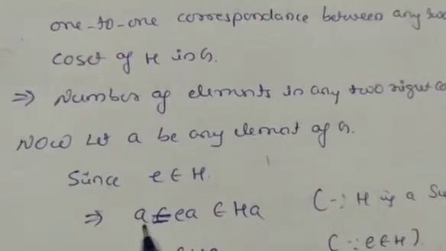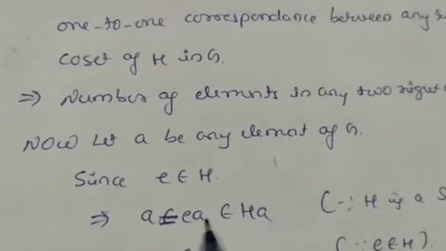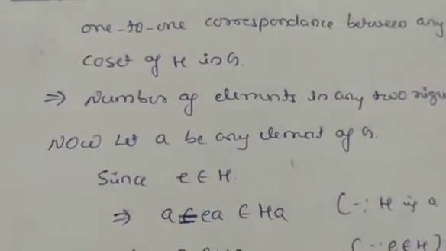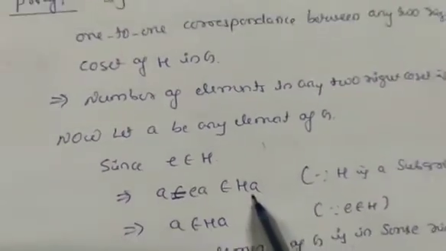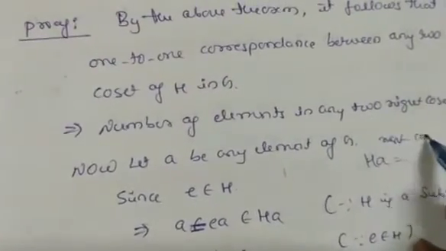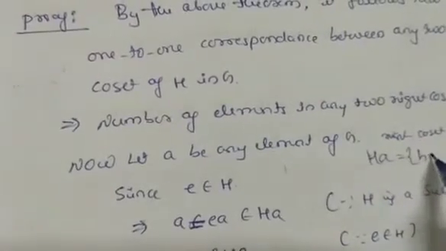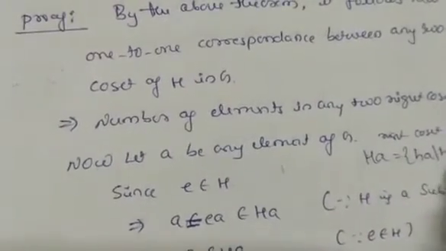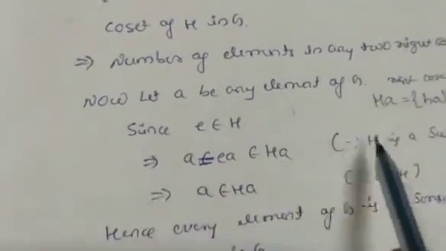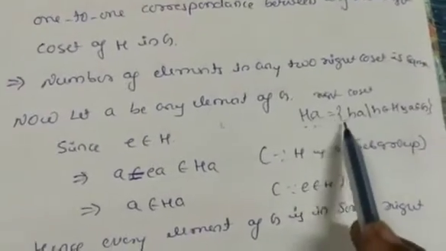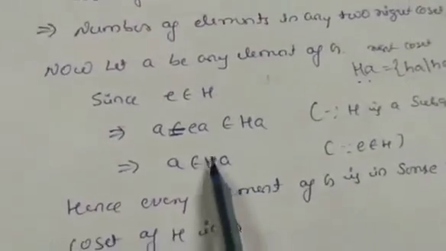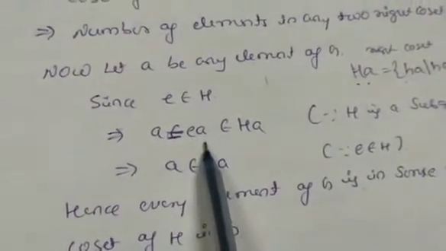So this implies we can take a as e into a, because e into a is again a only, which belongs to Ha, since this is the right coset. From the definition of right coset, Ha is equal to the set of h a such that h belongs to H and a belongs to G. So the elements of Ha are in the form of small h into a, where h belongs to H and a belongs to G. Here it is in the form of ea, which means it is in the form of ha.